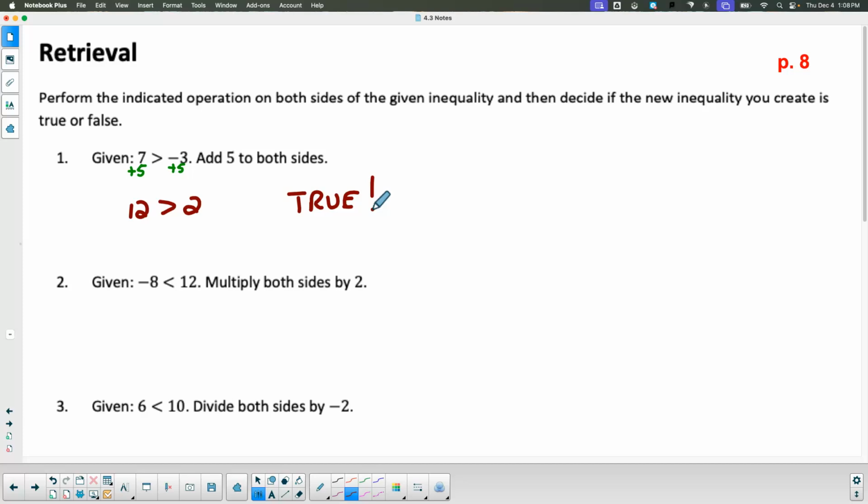Okay. Multiply both sides by 2. So if I multiply both sides by 2, I get negative 16 is less than 24. True or falsitude? True. That's a truth. That's a truthiness. Okay.